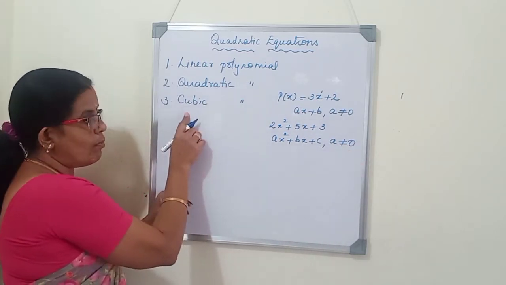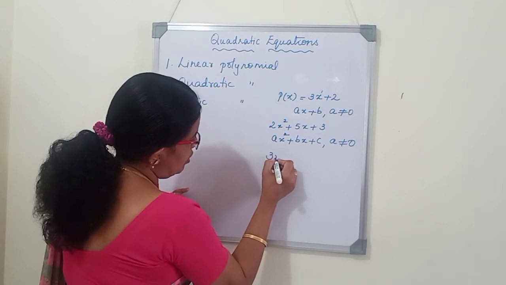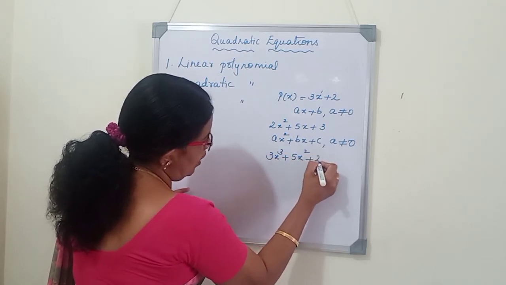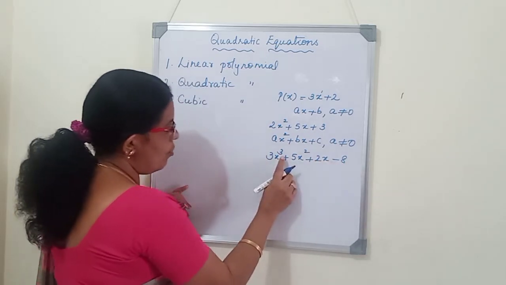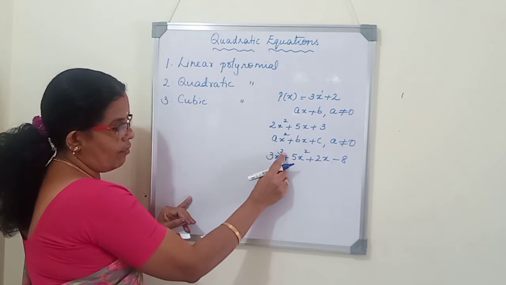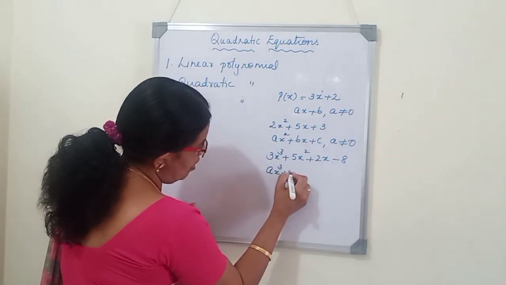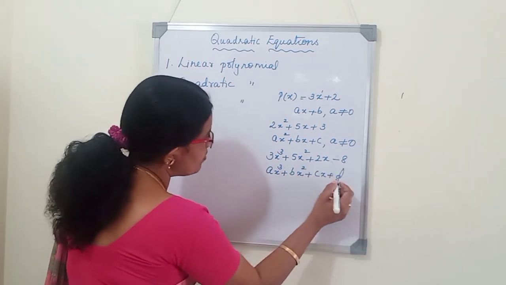And then a cubic polynomial is of degree 3, for example 3x cube plus 5x square plus 2x plus 8 or minus 8. This is a cubic polynomial because the degree of the variable is 3. And the general form is ax cube plus bx square plus cx plus d.